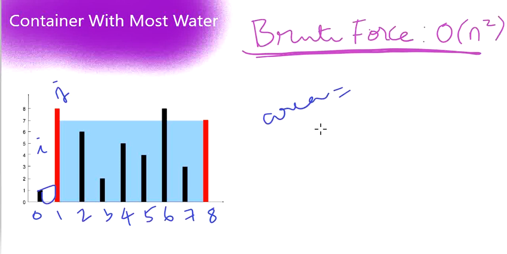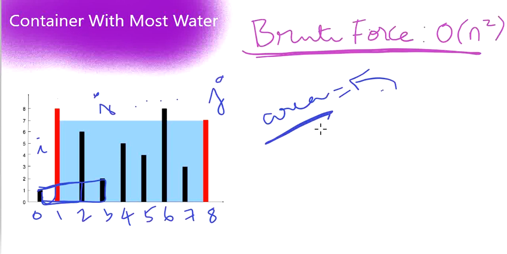Once this is calculated, our pointer j moves to the second bar, and now it calculates from the first bar to the second bar and saves the maximum value again. Then pointer j moves to the third bar and finds the area from the first bar to the third bar. The same way j moves till the last bar and calculates all the areas and updates the maximum value to our result.